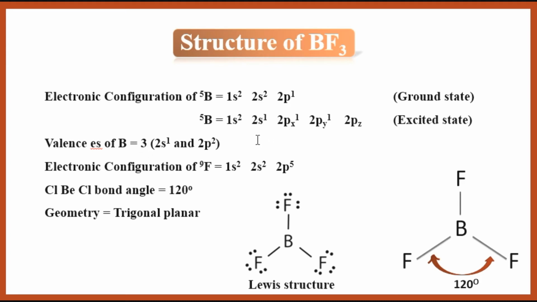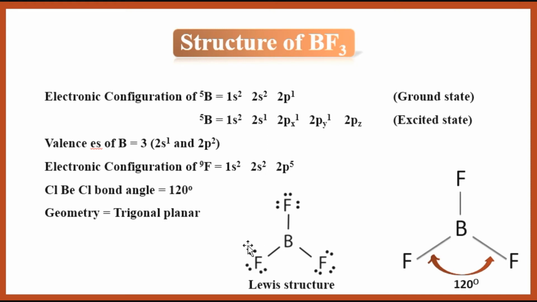So these 3 valence electrons make up the bond with 3 fluorine atoms, where the electronic configuration of fluorine is 1s2, 2s2, and 2p5, because its atomic number is 9, and hence the 2p orbitals contain 5 electrons, and there is still a tendency to gain 1 electron. So these 2 and 5, these 7 electrons have been shown in the form of dots here.